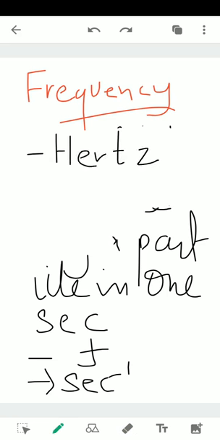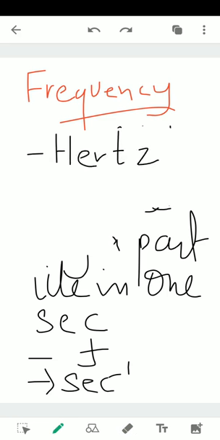So a wavelength is nothing but the distance traveled by the wave in one time period of vibration. If I say this is one complete time period for that wave, then the distance it covered will be your wavelength.